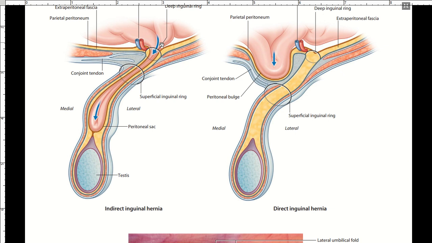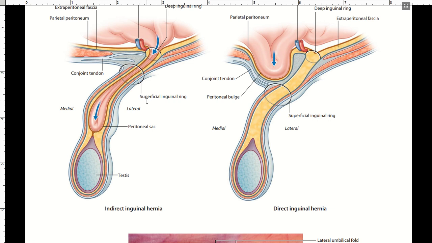The processus vaginalis is just a continuation of the peritoneum, right inside your scrotum. So after birth or before birth, this processus vaginalis obliterates in its upper part, so that it disconnects the abdominal cavity from the tunica vaginalis cavity. You understand?